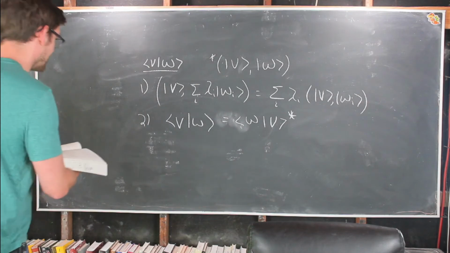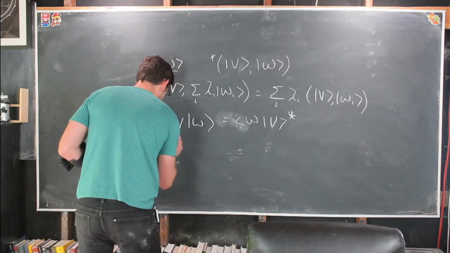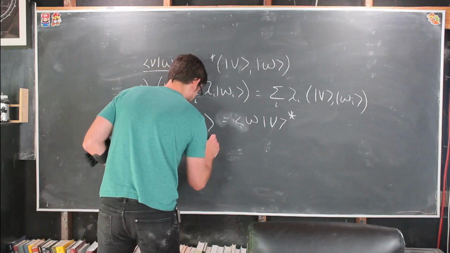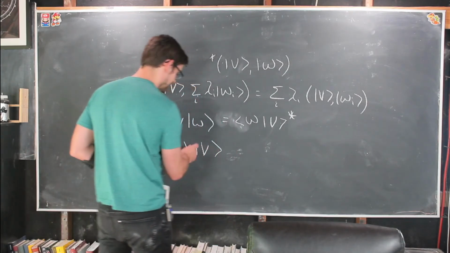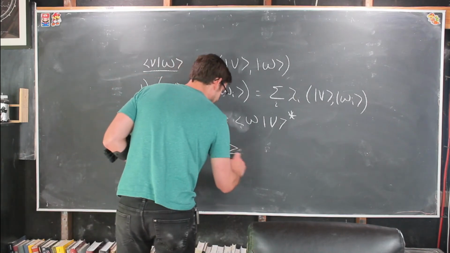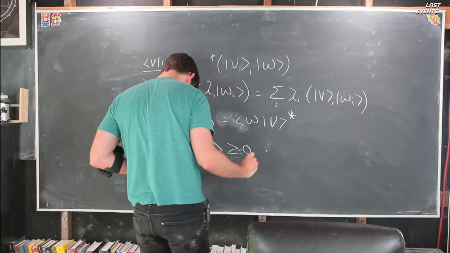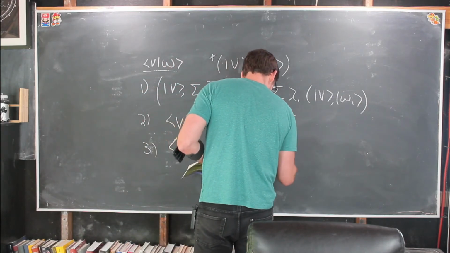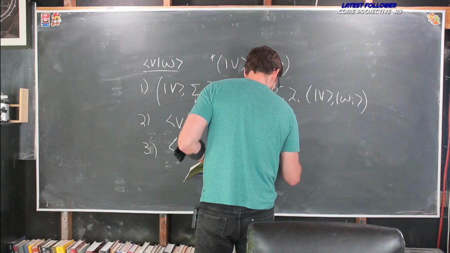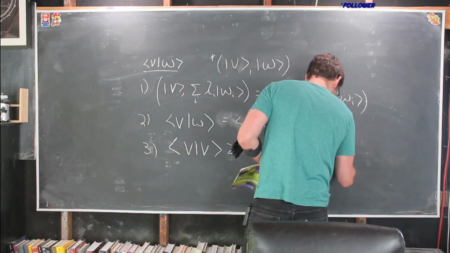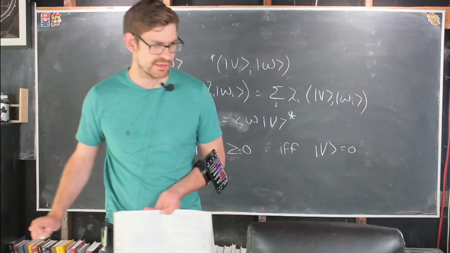And lastly, if you take the inner product of a vector with itself in a vector space, it is greater than or equal to 0, with equality if and only if the vector is 0.